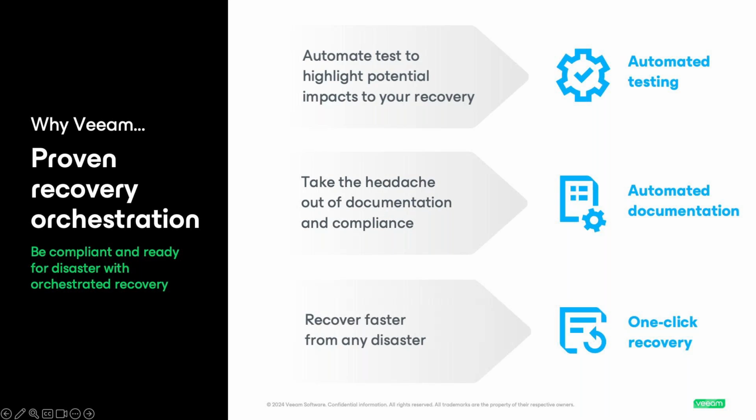And because we've pre-populated these plans with every step from start to finish, it allows us to recover faster from disasters. This is the concept of one-click recovery, because you've already tested and set everything out. So when it comes to an actual failover, it's a very quick automated process.